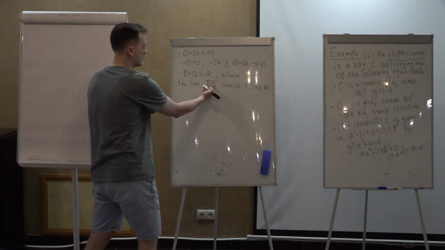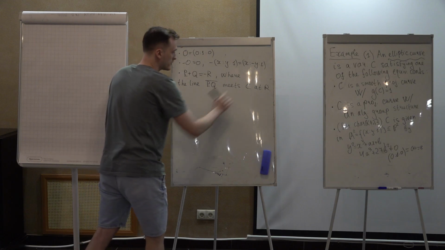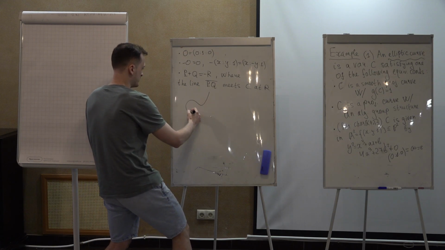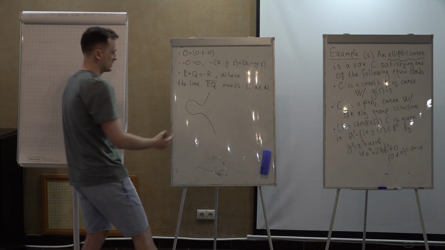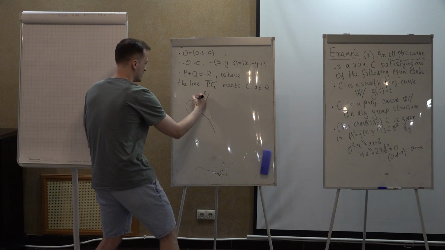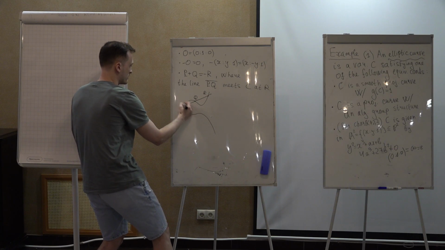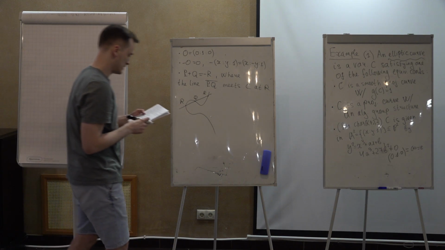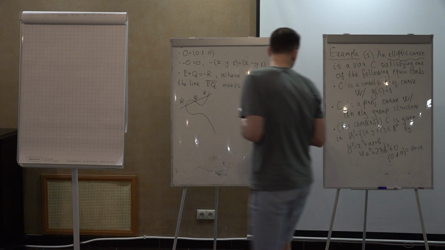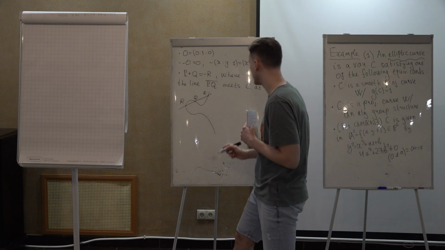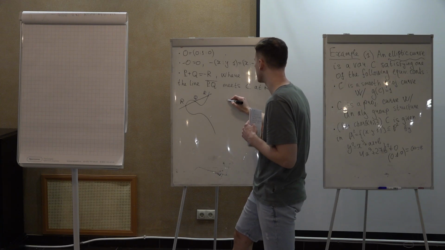So here are 2 points, and we look for the third point. Maybe I can draw a picture, something like this. So we have P, we have Q, we have a line, and we have a third point R.